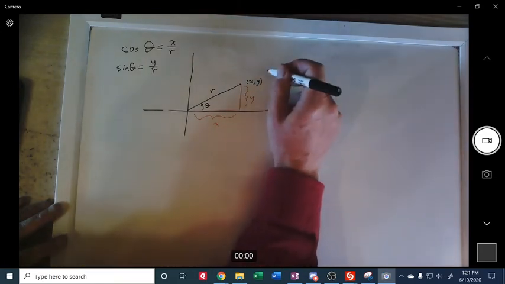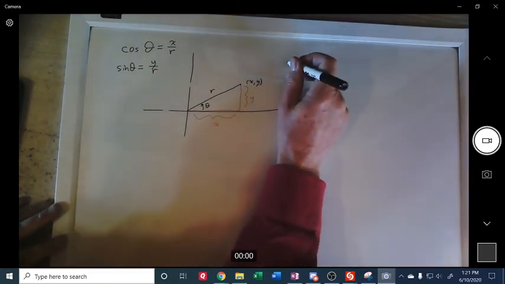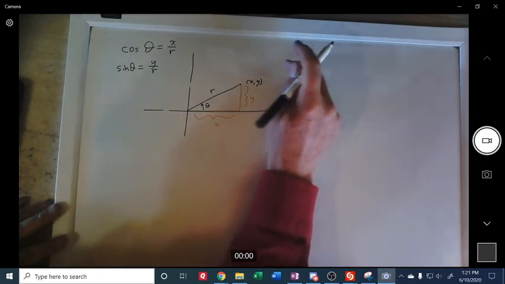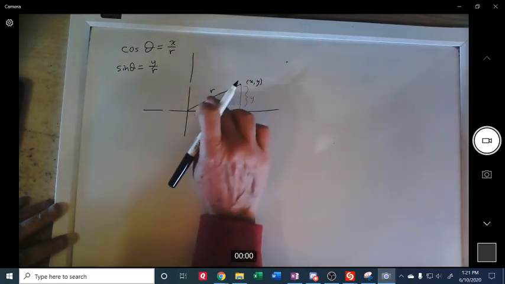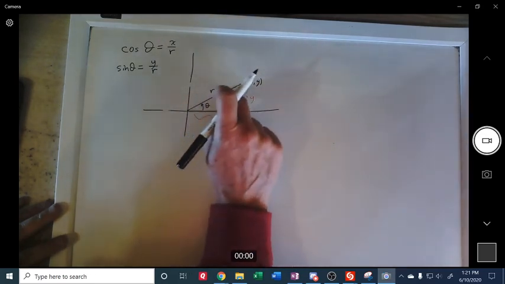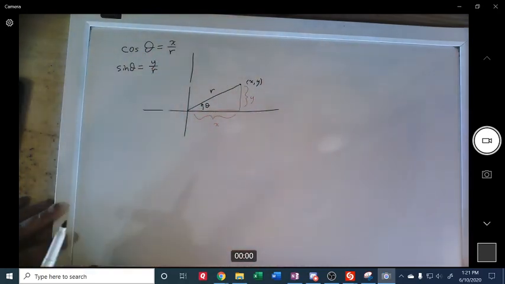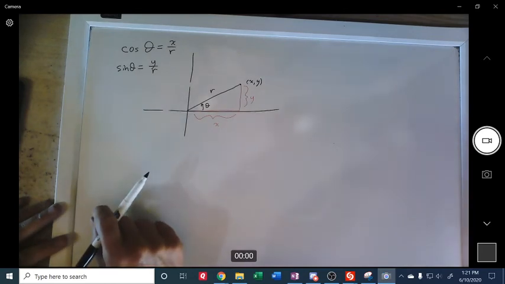If that x, y had been twice as big, you'd been 2x out and 2y high, the ratios would still all be the same. Or if this was much smaller, what matters is that you stay on the same line. So the angle theta is the same, and it doesn't matter how far out we went on that line.